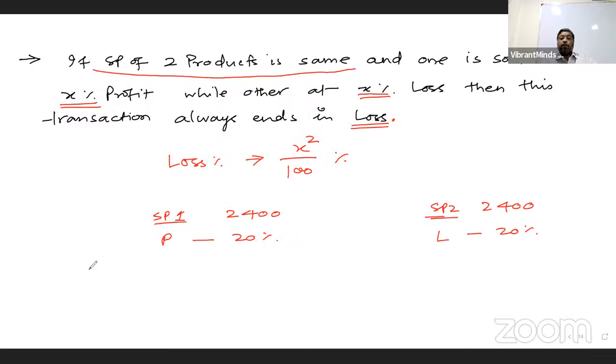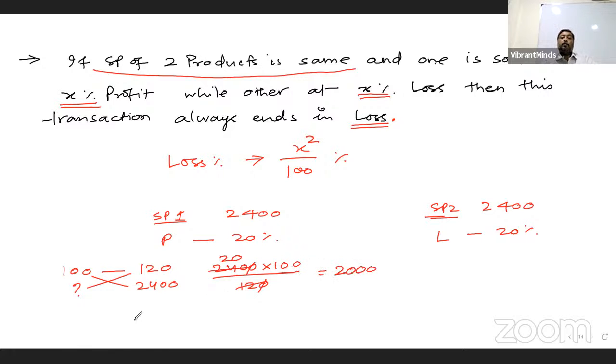In this case, where there is a profit, suppose the cost price is 100, then selling price will be 120 because profit is 20%. But what is the actual selling price? 2,400. So cost price will be, cross multiply, 2,400 into 100 divided by 120. That is 10, 10 cancelled, 24 2s. So it will become 2,000. This is your cost price 1.